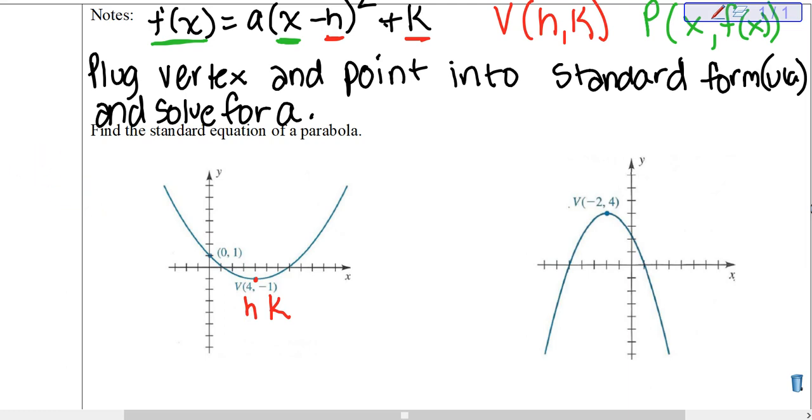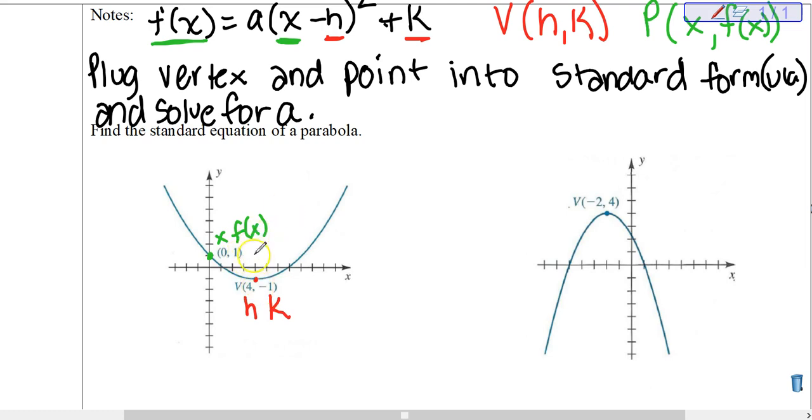Then I'm going to switch to my green pen and grab this point right here. This is point P, and 0 is my x and 1 is my f of x. So I have all four coordinates ready to be plugged into standard form.